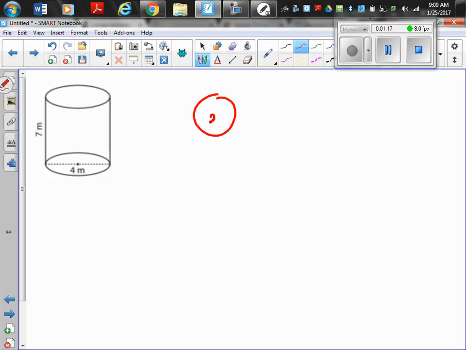What other shape does it take to make a cylinder? Brandon. A rectangle. Good. Every cylinder is made up of a circle, a rectangle, and another circle.